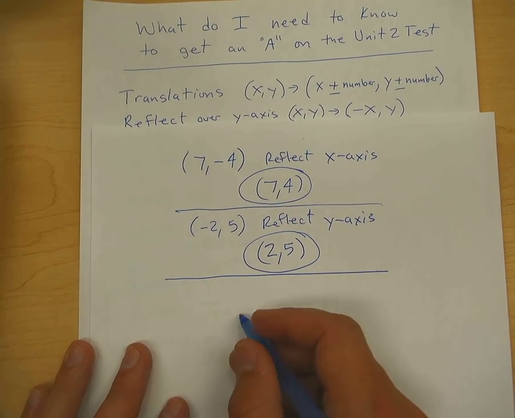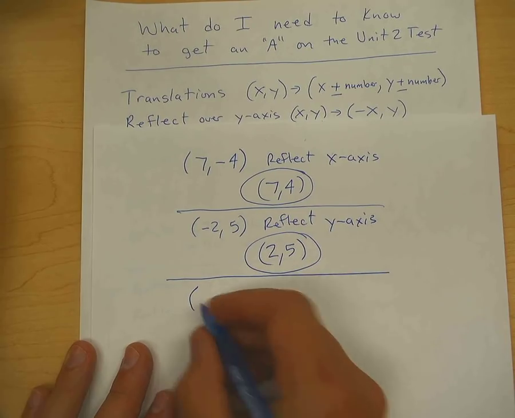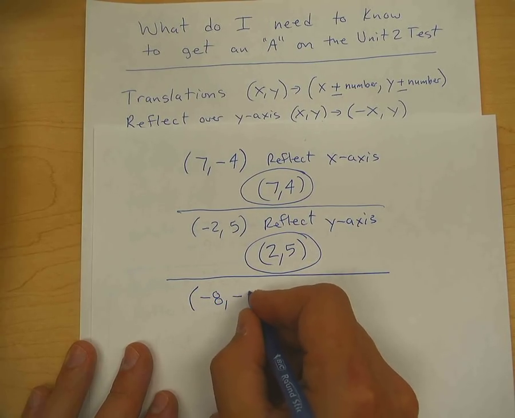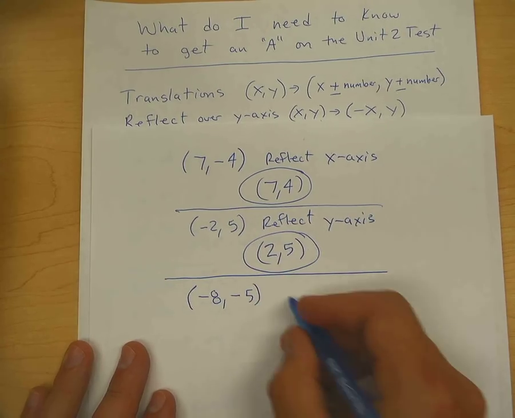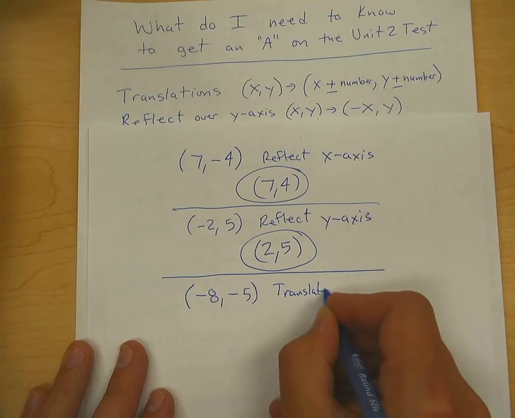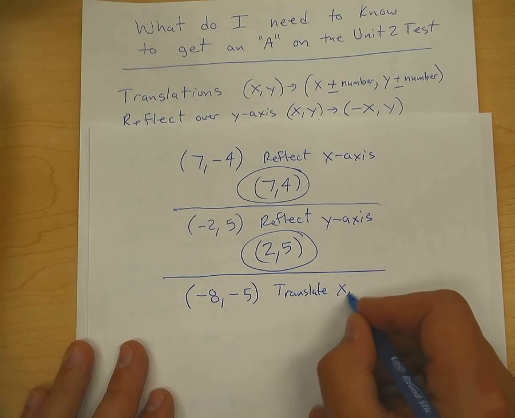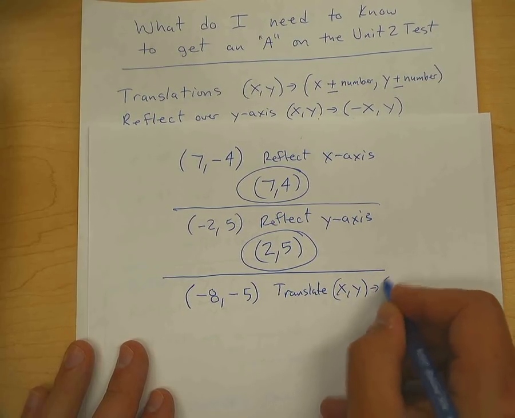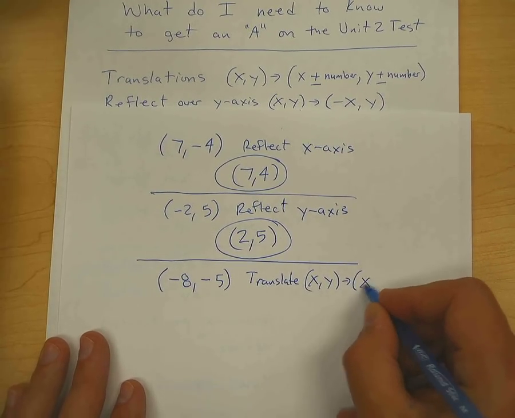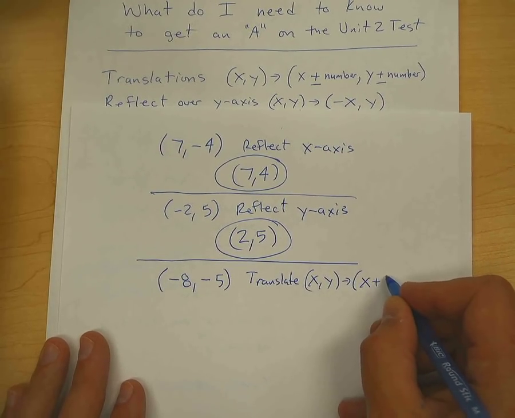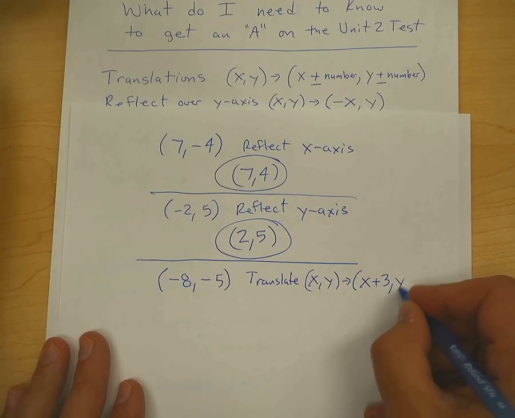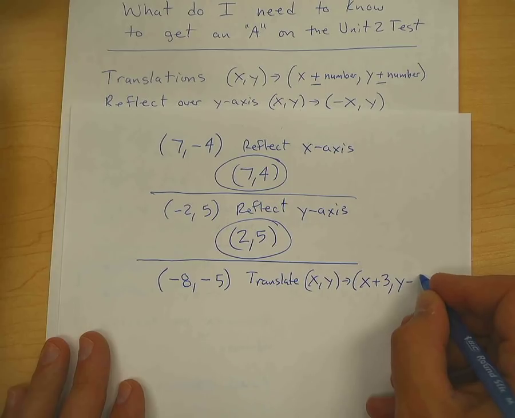All right, let's say we have another point, (-8, -5). And we want to translate, remember translate means to slide, we want to translate (x, y) goes to, let's make up some numbers, (x + 3, y - 5).